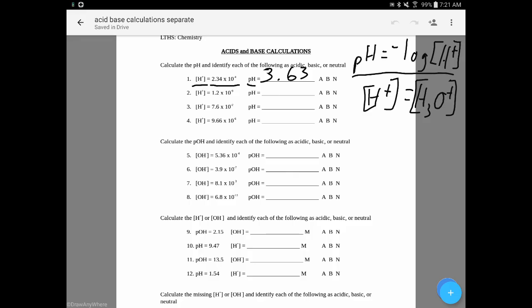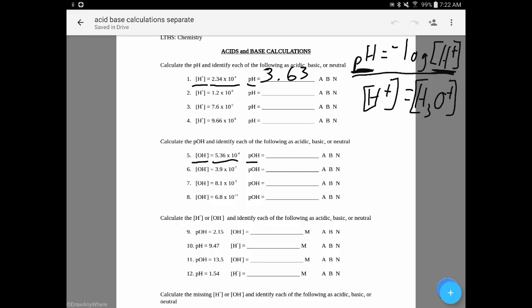Okay. Next, we have OH, and we are looking for pOH. It's basically the exact same thing. We take the concentration of H plus here and replace it with the concentration of OH, and we replace pH with pOH.